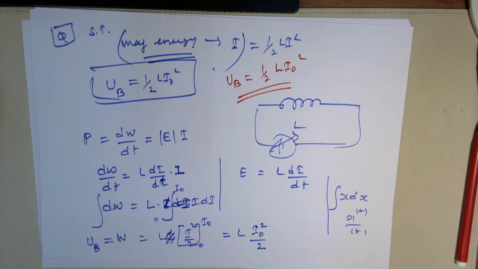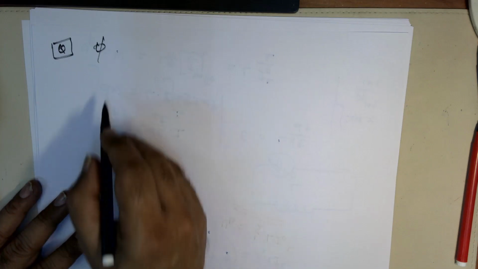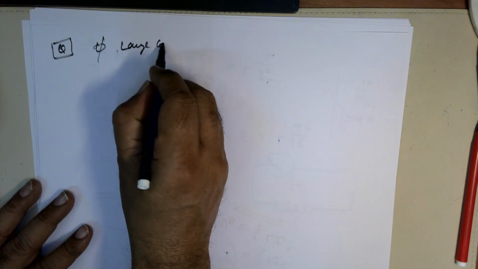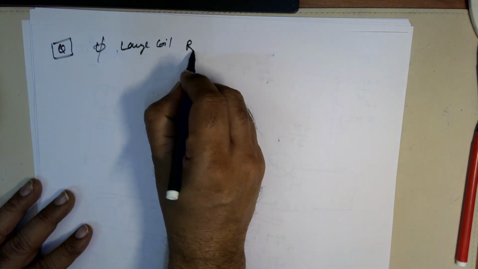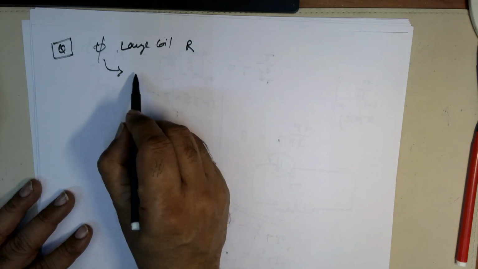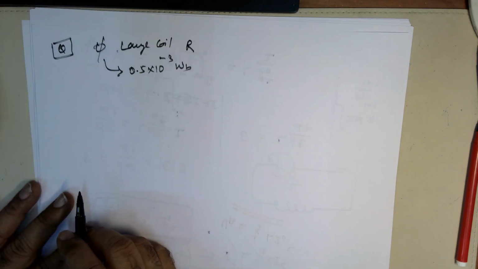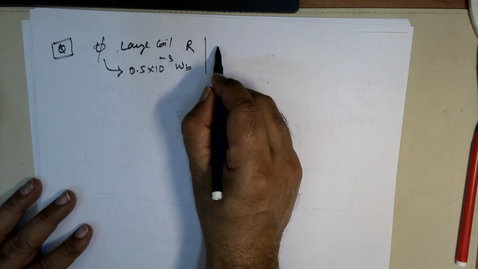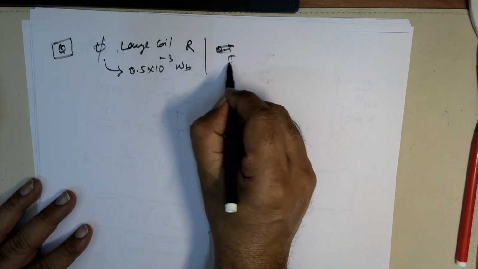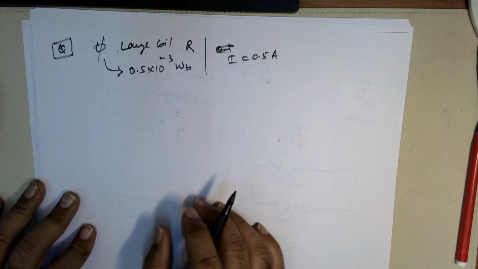Next question. The magnetic flux linked with a larger circular coil of radius r is 0.5 into 10 power minus 3 Weber, when passing a current of 0.5 ampere that flows through a small neighboring coil.